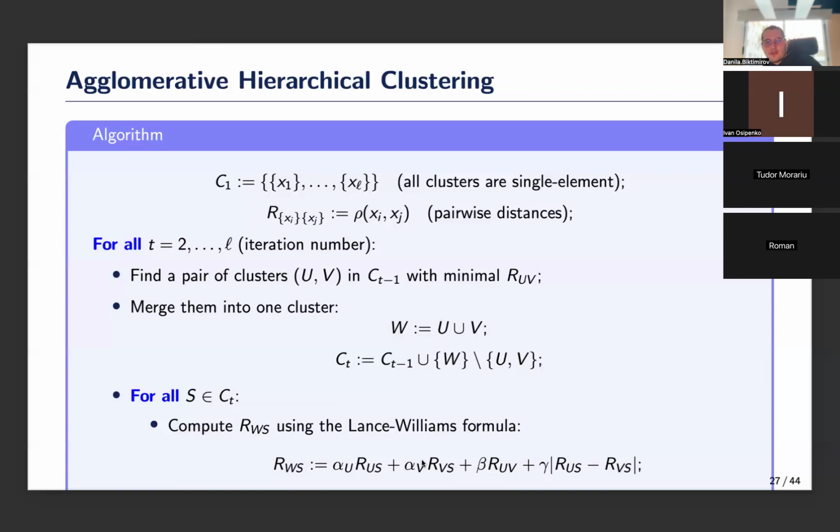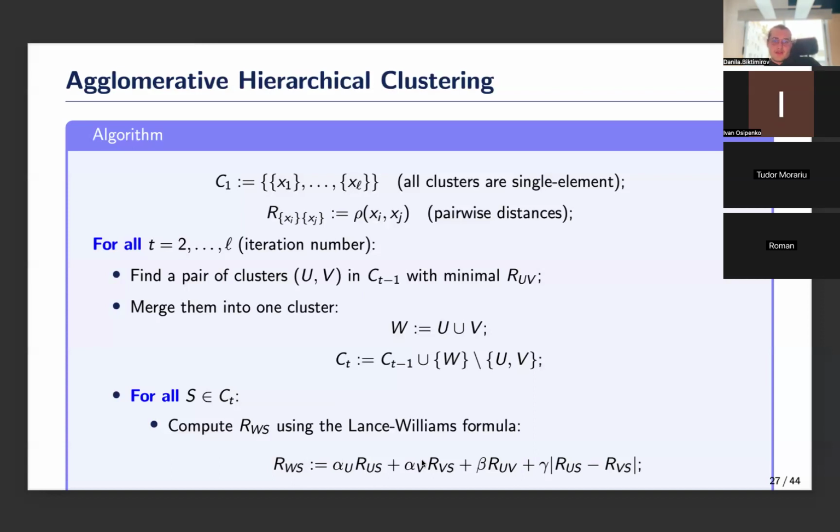For single linkage, at each iteration, the two closest clusters, U and V, are merged into a new cluster, W. The distance between the new cluster and any other cluster, S, is then calculated based on their distances, R_US and R_VS, which have already been computed.